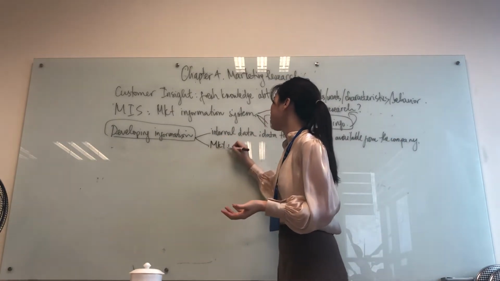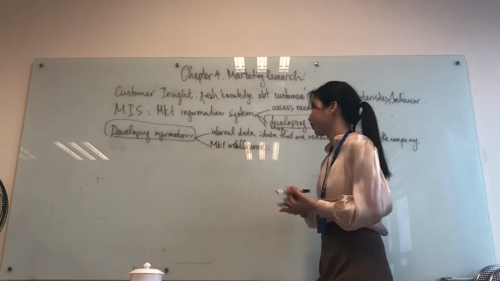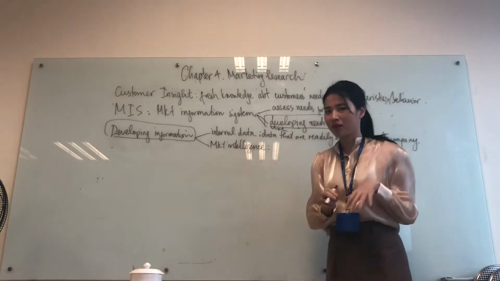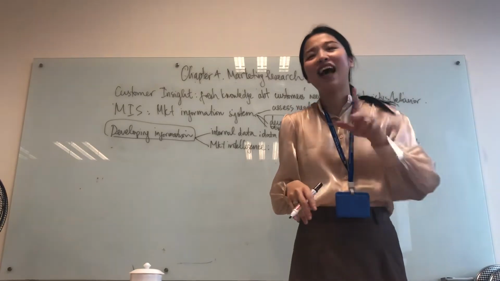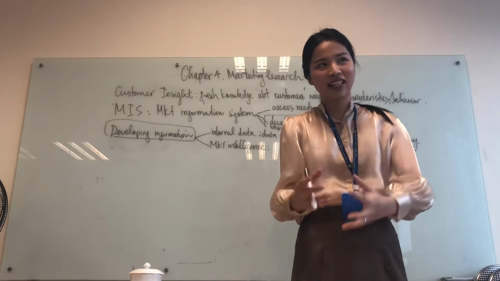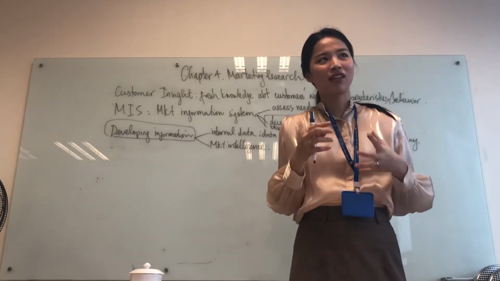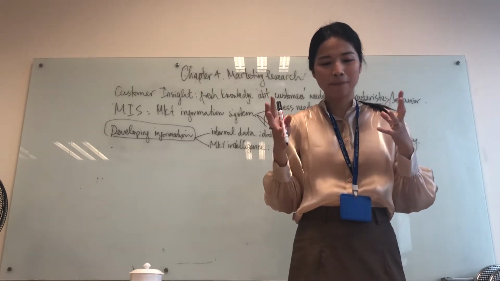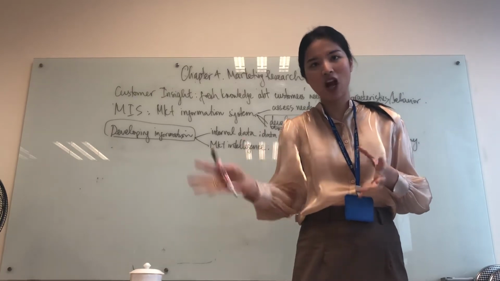We have something called marketing intelligence. Now, marketing intelligence. Intelligence here does not mean smart. Intelligence comes from the word CIA, Central Intelligence Agency. So intelligence means they want to get the most secret and analyzed information about a certain phenomenon.